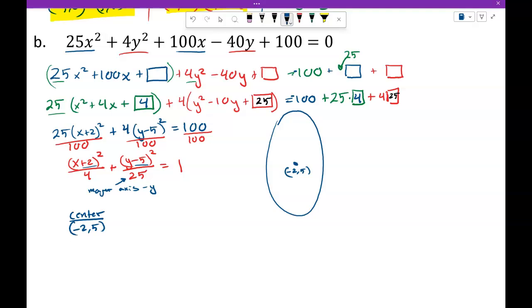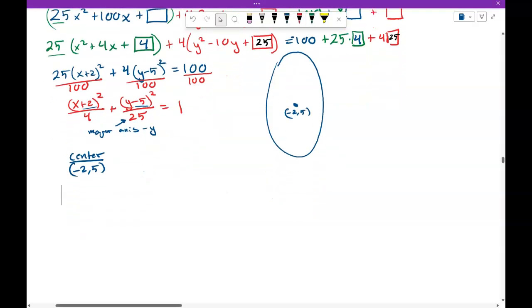Now we want to find our vertices. So let's think about our vertices now. For the vertices on the major axis, we need our a value. The a value is always the square root of the larger denominator. And since 25 is our largest, that makes a squared 25, and that makes a equal to 5.